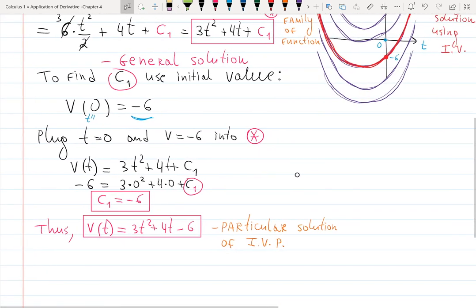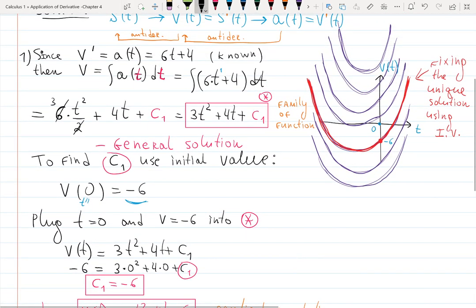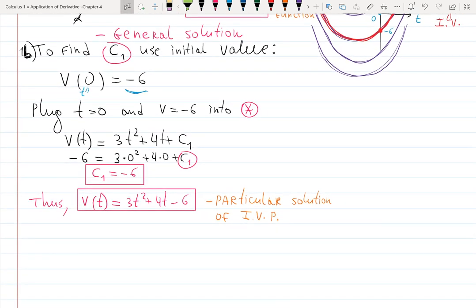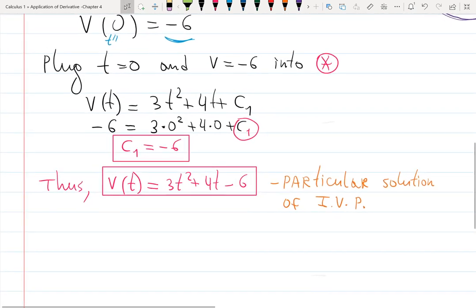That was just step 1. I will break it into step 1a. 1a, find derivative. 1b, plug the initial value to solve for the c, constant c, and then get the result.